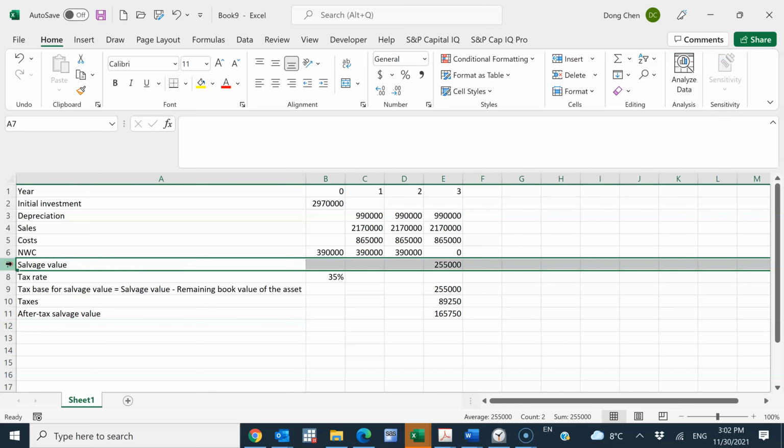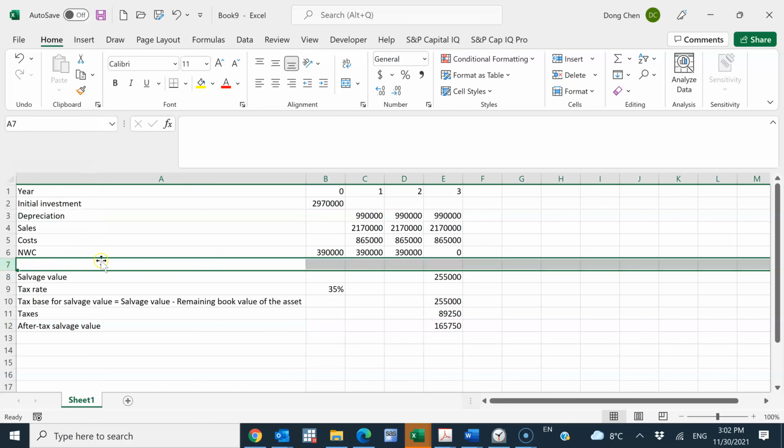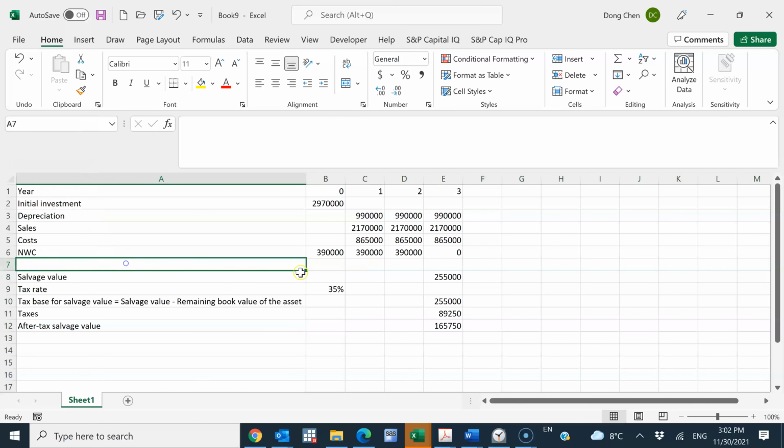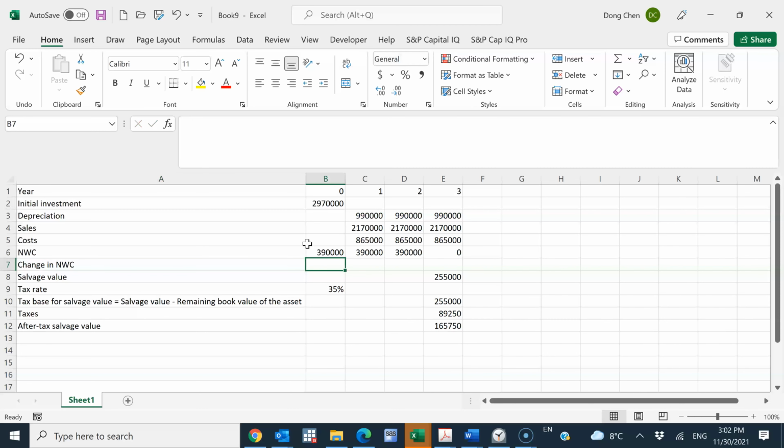And then for the NWC, in order to calculate the free cash flow, we don't need the level of the NWC. What we need is the incremental NWC, or the change in NWC. At the starting year, because there's no prior year, the change is simply the same as the level.